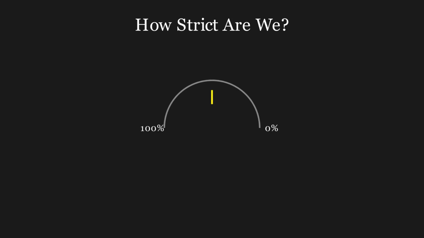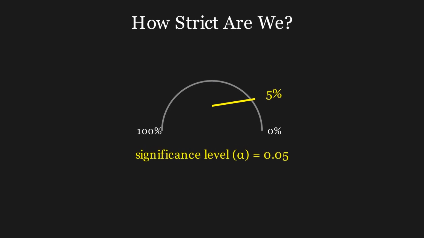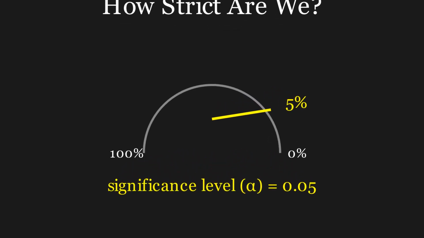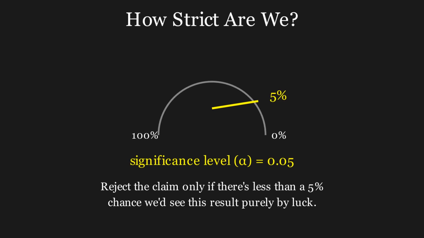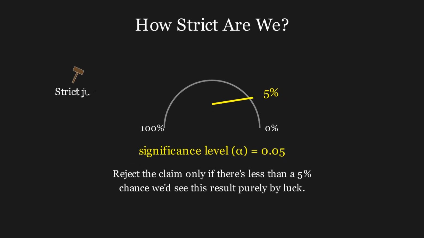That threshold is called the significance level. It's basically how strict the jury is willing to be before shouting guilty. The standard choice almost everyone uses is 5%, written as 0.05. That means we're only willing to reject the company's claim if there's less than a 5% chance we'd see results this extreme purely by random luck.